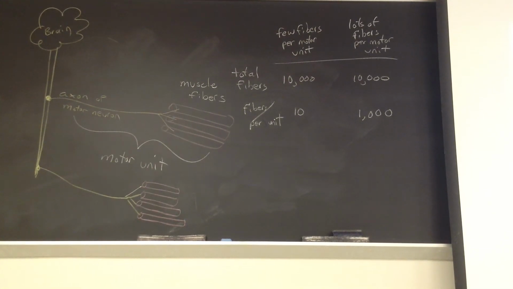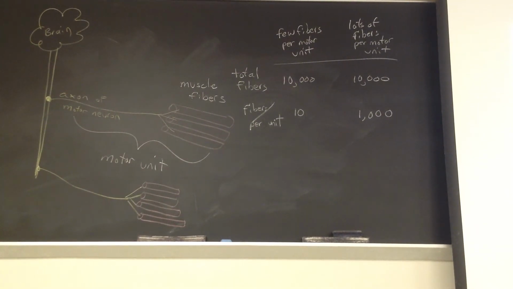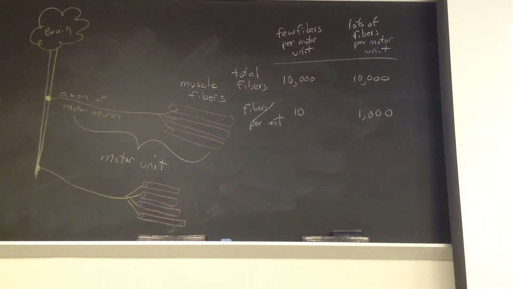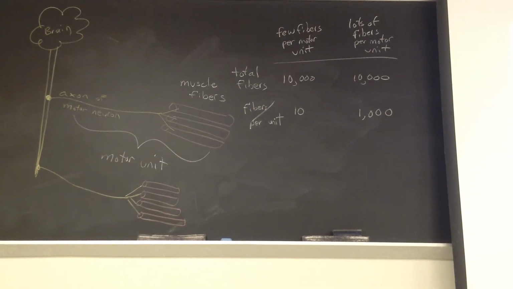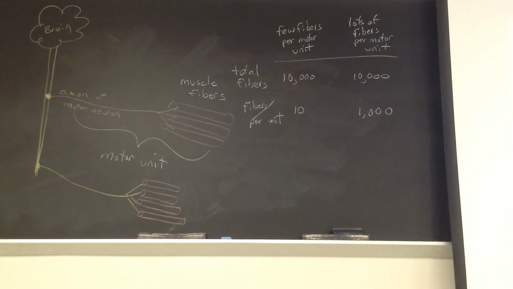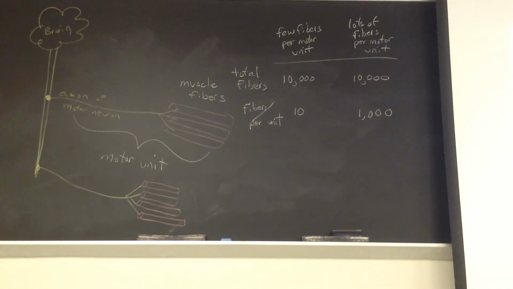So when it contracts, it can contract 10 or 20 or 40 or 670 or 680 or 690. It can contract its fibers in a unit of 10. The other one, the motor units are in units of 1,000. It cannot contract just 10. It can only do 1,000, 2,000, 3,000, or so on.